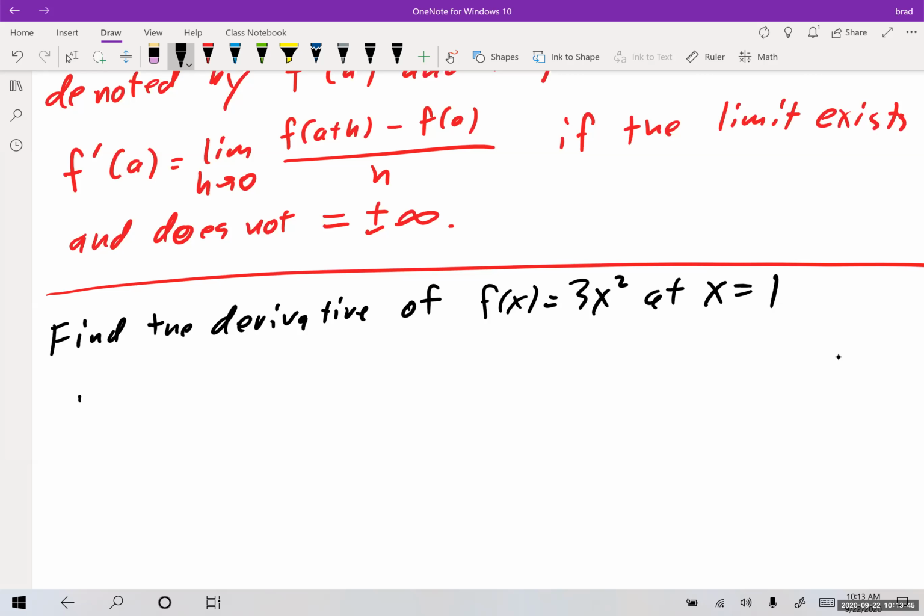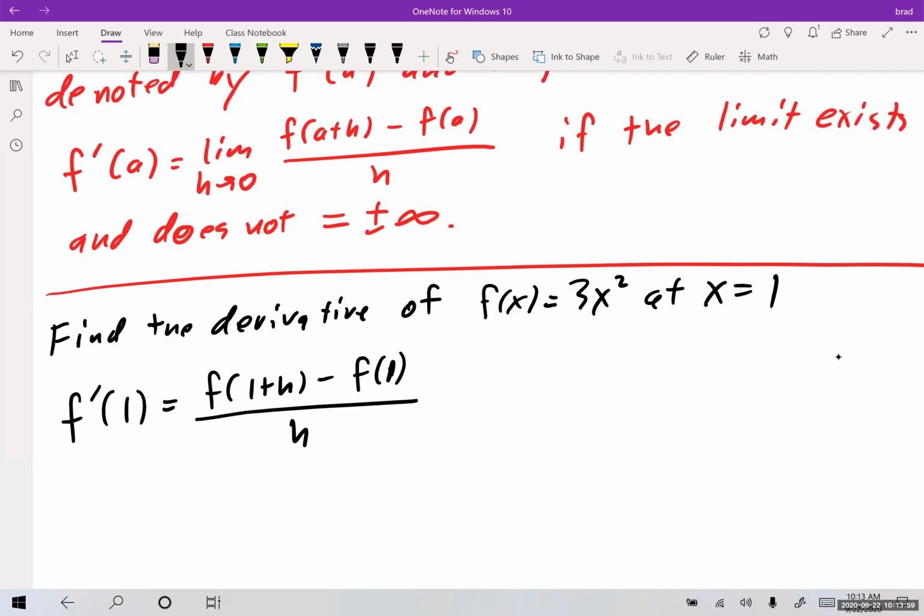So what I'm going to do is I'm going to say f prime of 1 equals, and then I have to do f of 1 plus h minus f of 1 all divided by h. Oops, let me not forget this. I was just about to tell you guys, do not forget this. Limit as h approaches 0. Do not forget to write the limit as h approaches 0, because otherwise it's not the derivative. So we have the limit as h approaches 0.